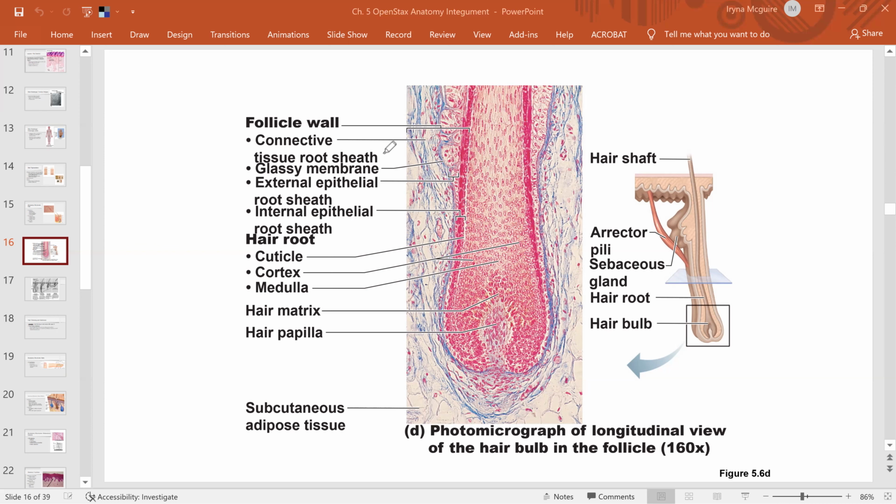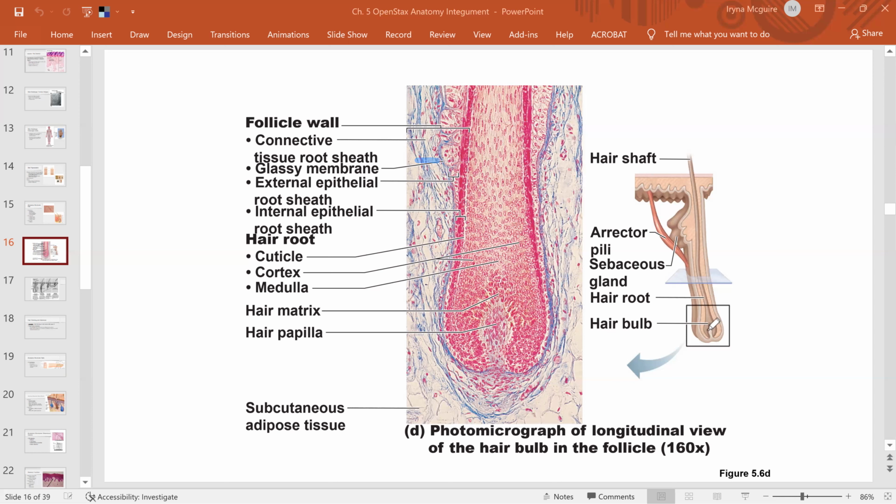So we have the epithelial sheath and the connective tissue sheath, and the epithelial root sheath has an internal root sheath and an external one, right? So it's a lot of tissue. So let's just remember that the follicle is made of epithelial tissue and connective tissue.